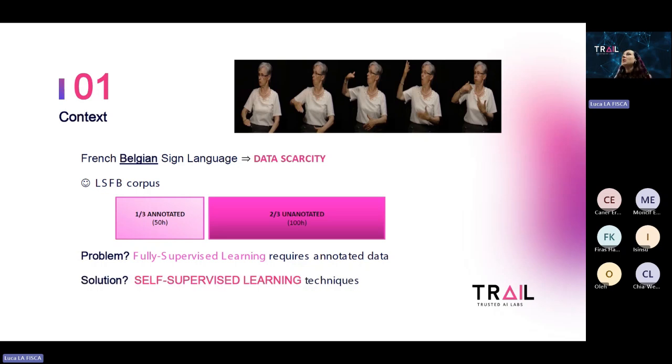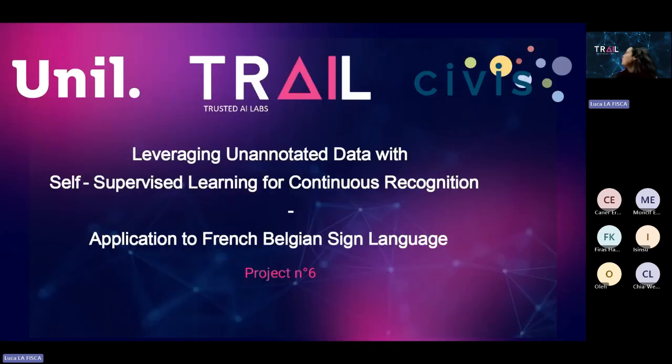And this is the reason why we want to explore a solution with you, which is self-supervised learning techniques. That way, you don't rely on the labels and you can actually work with the full data set that we have. So now if we go back to our title, hopefully you understand the importance of leveraging annotated data.